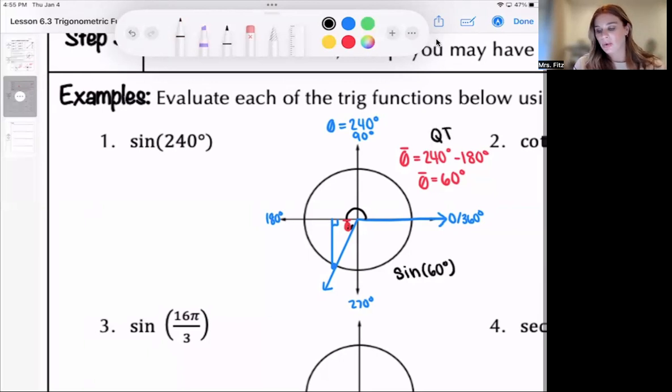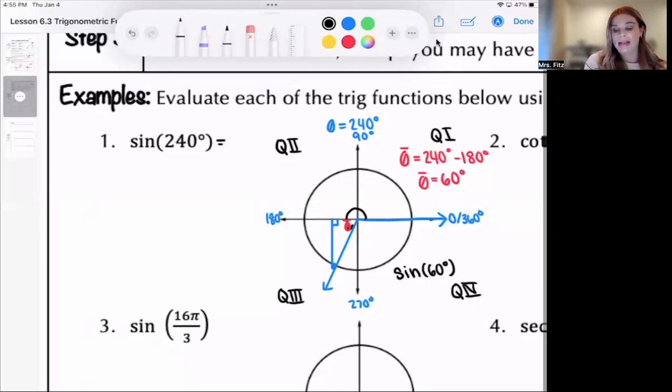We have quadrant 1, quadrant 2, quadrant 3, and quadrant 4, where our angle theta is in quadrant 4. Thinking about All Students Take Calculus, the only one positive in quadrant 4 is cosine, so your answer should be negative. You can preemptively put a negative sign there.